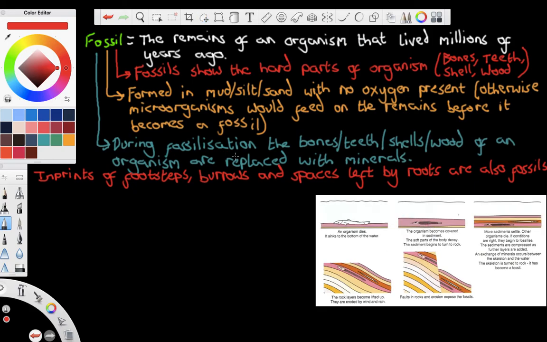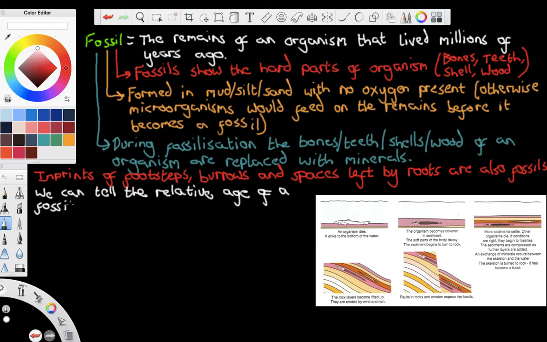And we can say, we can tell the relative age of a fossil by how deep it is found in the ground.